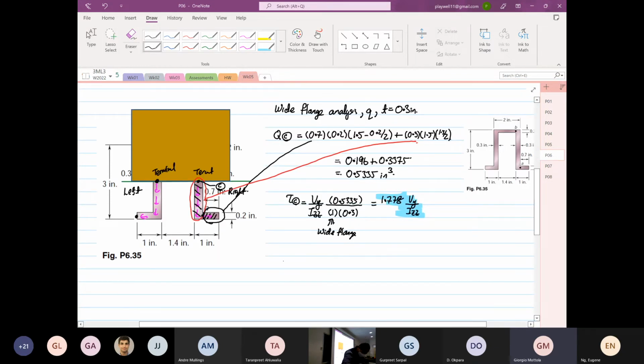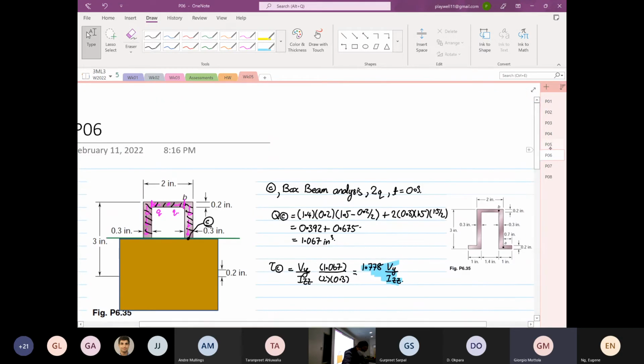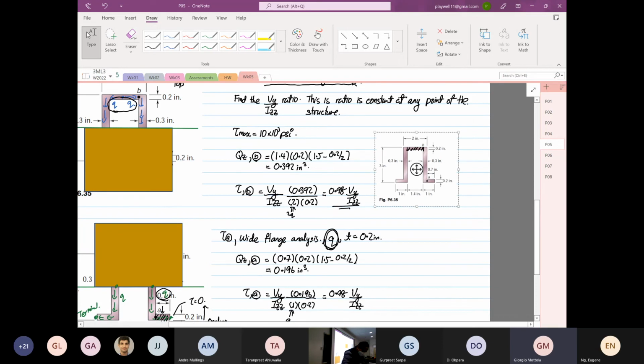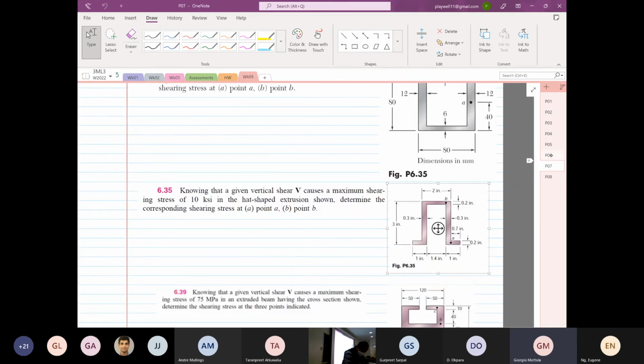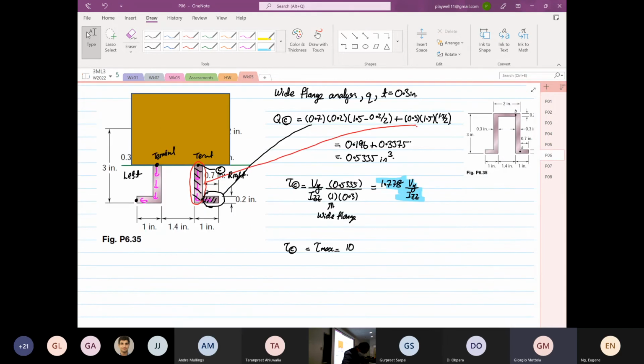So from here, the shear stress at C is equal to tau max. And this is equal to 10 KSI? I forget what we are doing now. Yeah, so 10 times 10 to the power 3, and this is equal to 1.778 Vy over Izz.